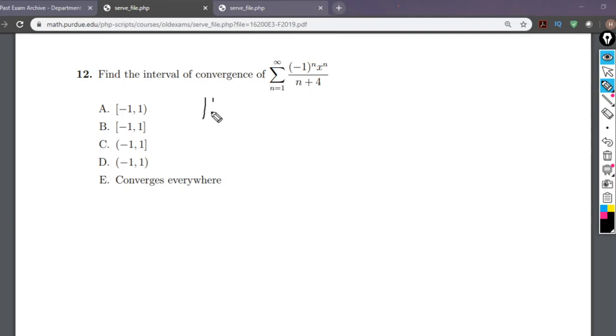So just taking the limit of n to infinity of the series at the n plus 1 term. So x to the n plus 1, n plus 4 plus 1 is 5, all over the nth term.